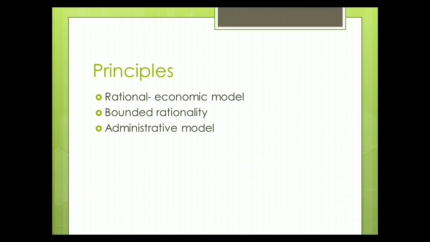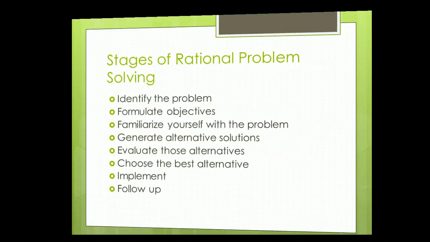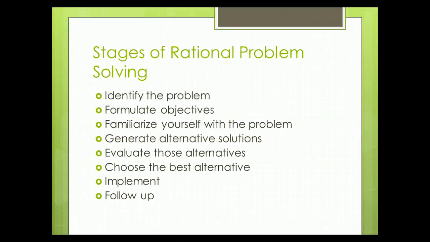You'll read about additional problem solving principles as you go through pages 64 and 65. So also on page 65, though, I do want to point you to the stages of rational problem solving. And these are outlined for you in Table 3-1.